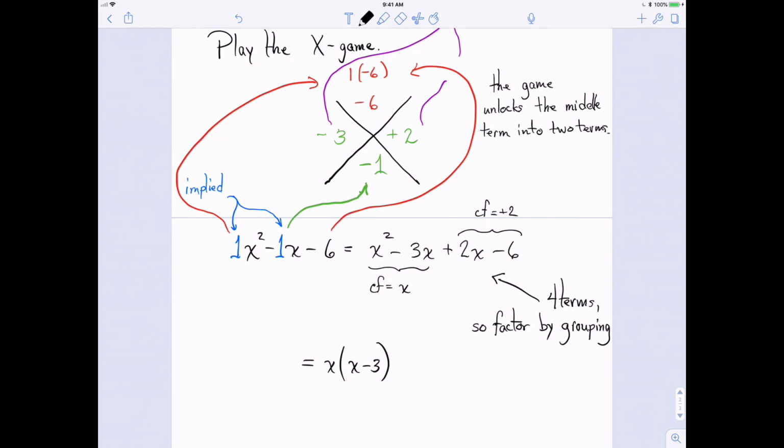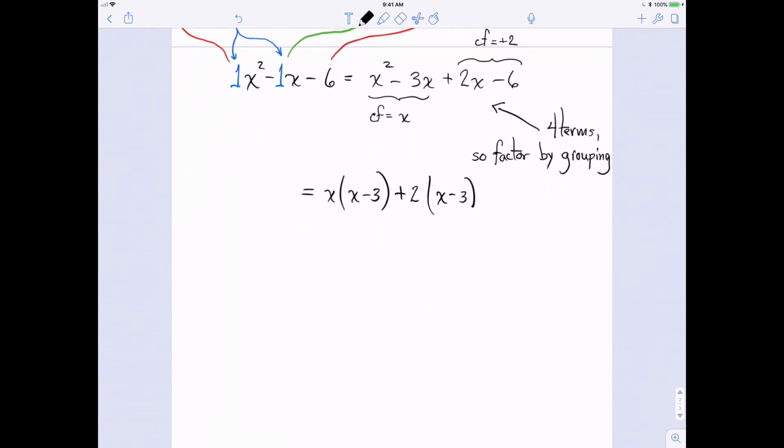Now, since I have plus 2, I need to include the sign, so plus 2 times x minus 3. And we know that we've done this correctly because now we have a greatest common factor of x minus 3. So we factor out the x minus 3, and what remains is the x plus 2.